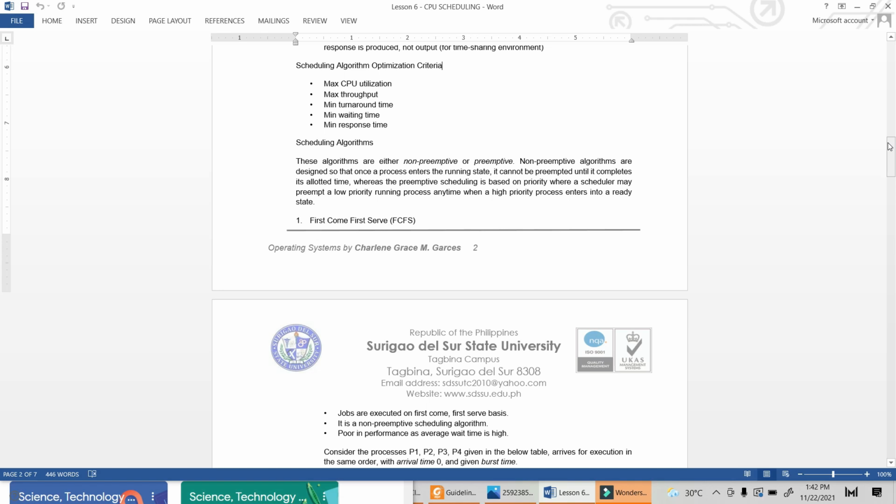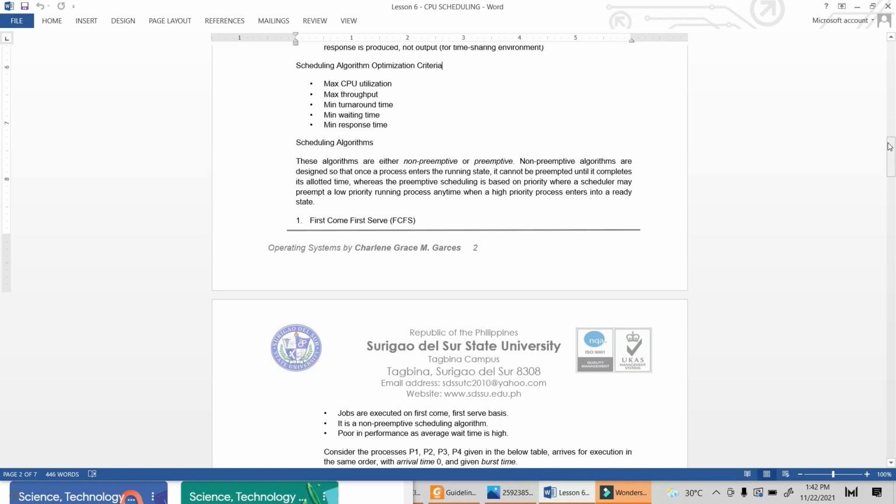scheduling. So when we talk about first come first serve scheduling, this scheduling algorithm simply schedules the job according to its arrival time. So meaning the job which comes first in the ready queue, meaning to say when you have the queue, the first job or the first process that is inputted will get the CPU scheduling, or will be the first process that the CPU will schedule.